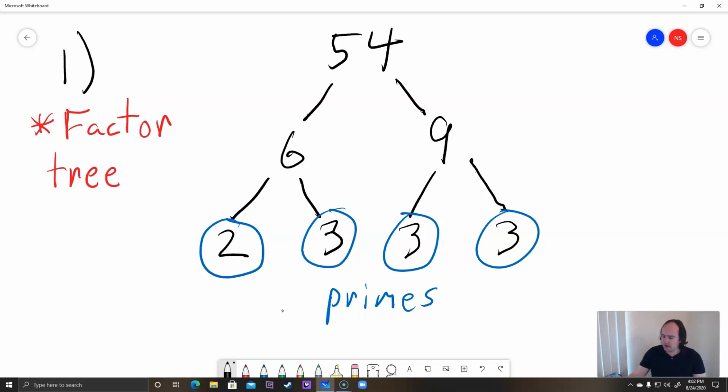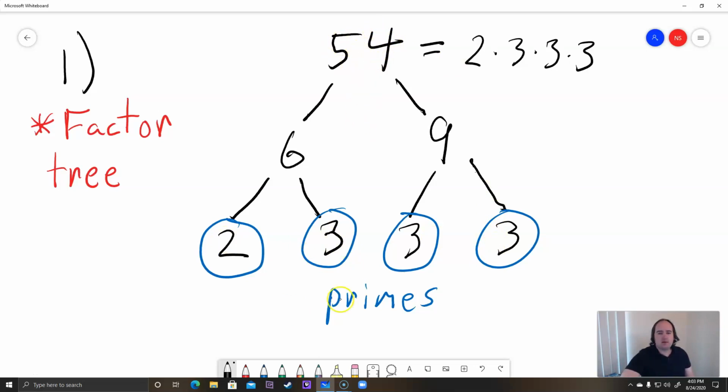So our answer is going to be 54 equals 2 times 3 times 3 times 3. Okay? So if you multiply these numbers out at the end, you should get the original number 54 here.